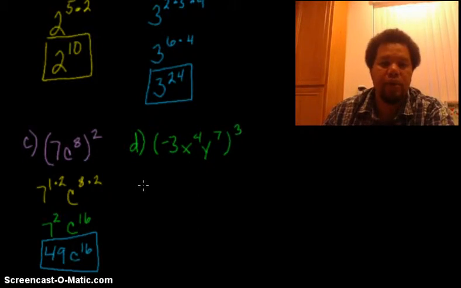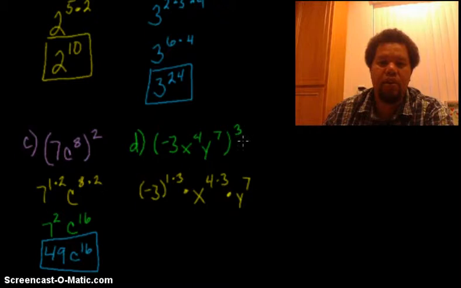So once again, we're going to have this -3. It has a 1 times 3, since it didn't have an exponent, times x to the 4, and the exponent is 4 times 3, and then the y had an exponent of 7, so we're going to multiply that by 3.